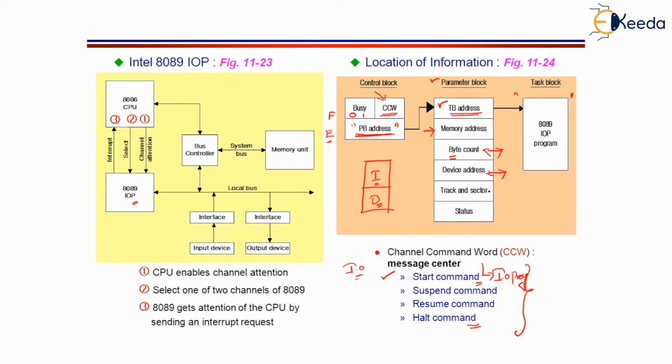Track and sector: in the case of a CD transfer or a DVD drive, this field will be used. Finally, we have something called status. What is status? If there is an error identified, if the device is engaged, or if the device has some problems, the status field will be used. Okay, so this is the parameter block in which the parameters will be identified.